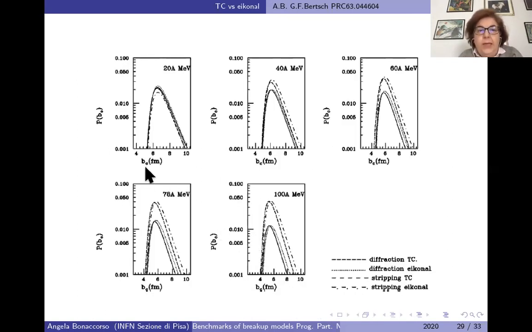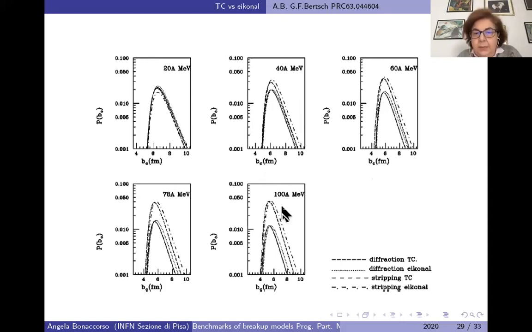And we calculated also these probabilities that then enter in the final impact parameter integral. All of them are centered again at the grazing. These were different incident energies. And by the way, this was beryllium-12 on beryllium-9 at 78 MeV per nucleon.